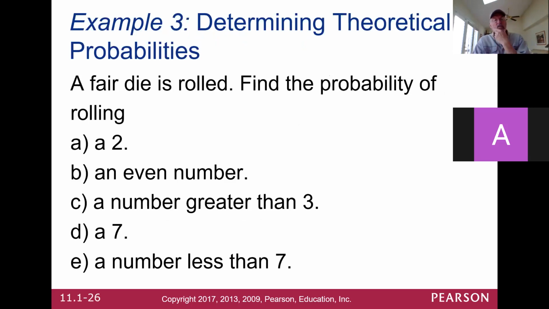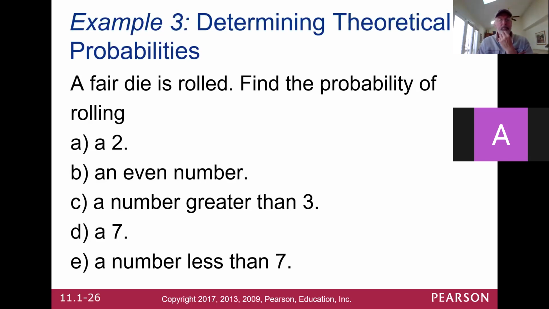All right, so let's start thinking about a couple things here. Example number 3 out of your textbook goes into theoretical probability a little bit. If we have a fair die and we're rolling that die, what would be the probability of getting a 2, for example?